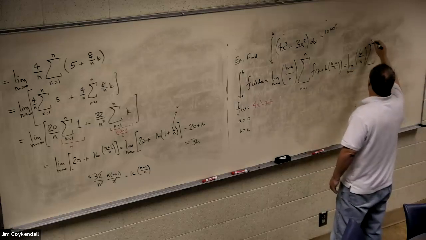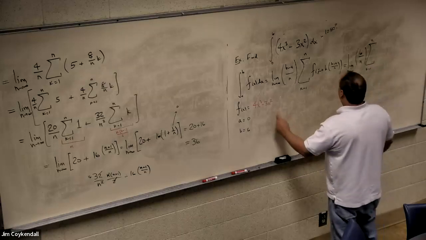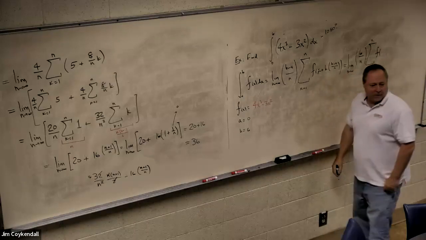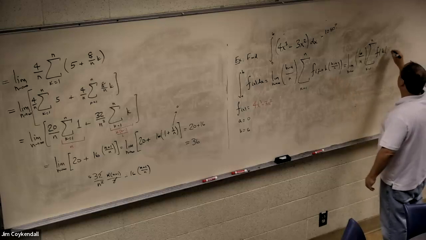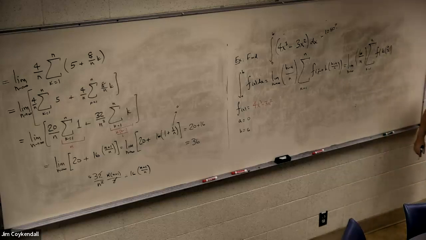Sum. This is going to be F of 0, plus k times 6 over n.